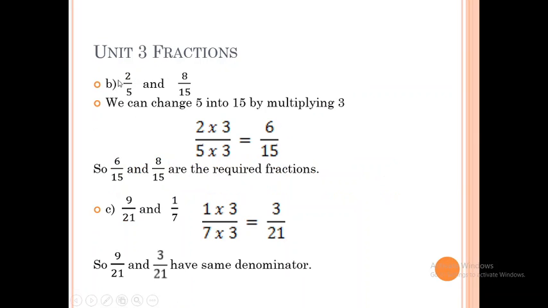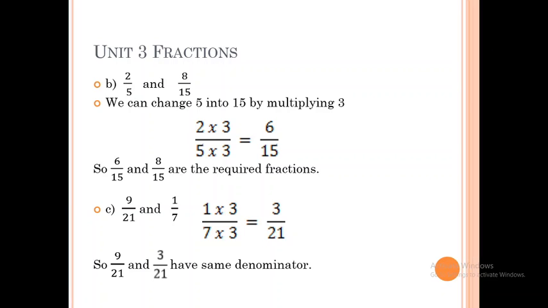Now here is another example, 2 by 5 and 8 by 15. We have to change them into two fractions with the same denominator. Now check the denominator of both fractions, here 5 and here 15. You can change this 5 into 15 easily by multiplying it by 3.